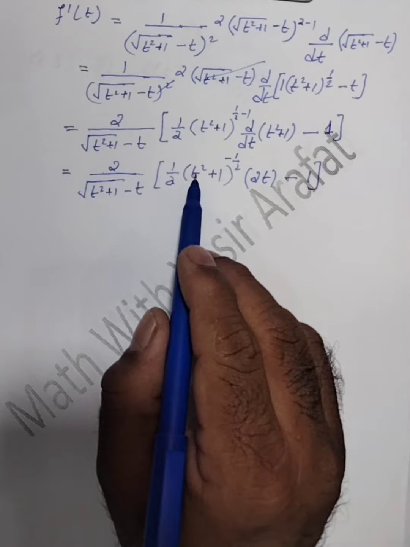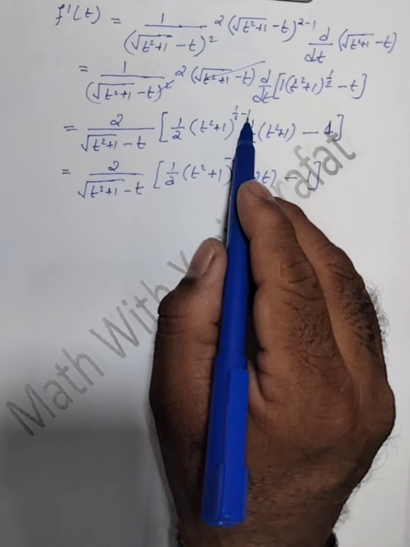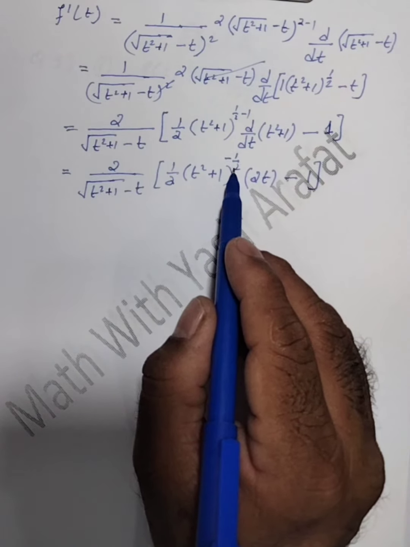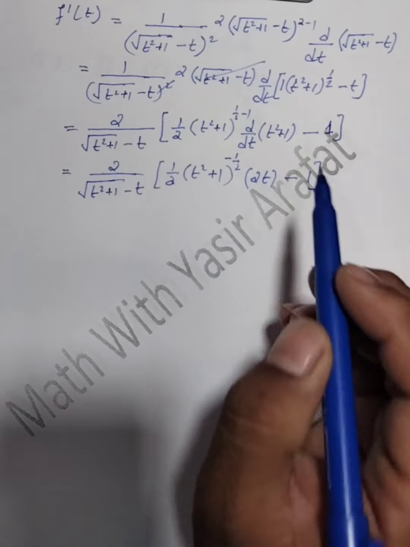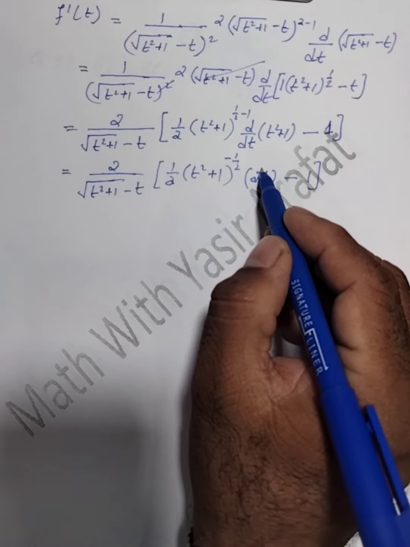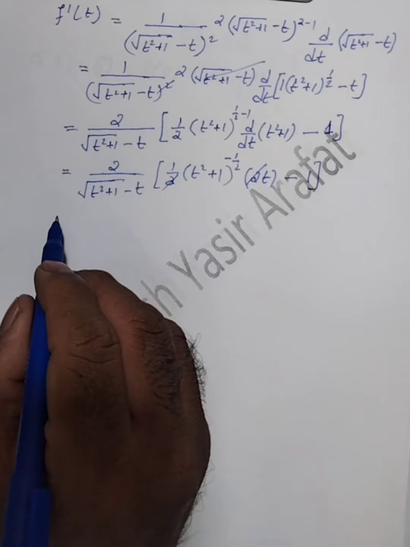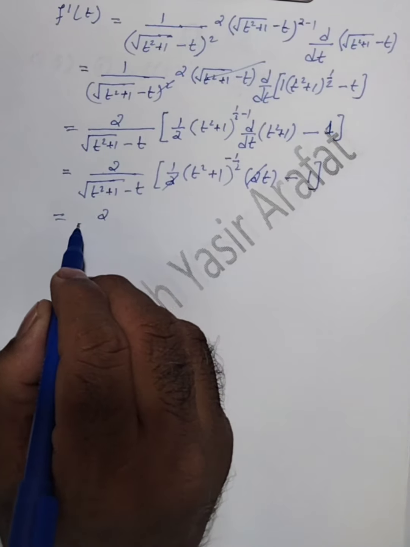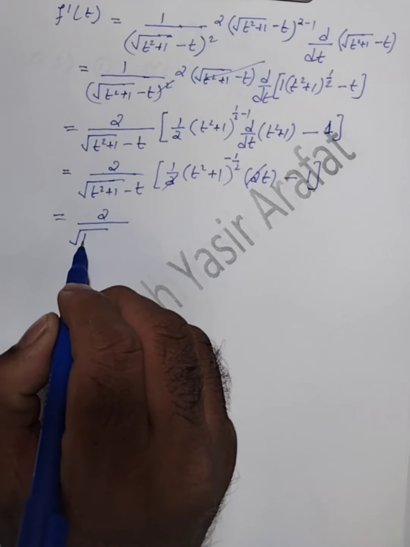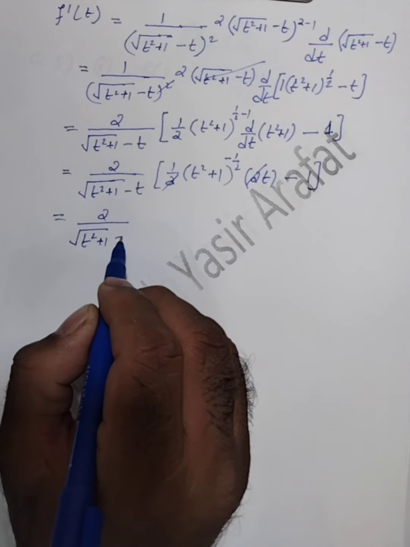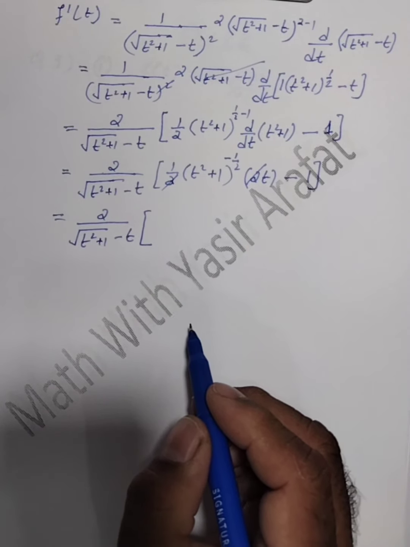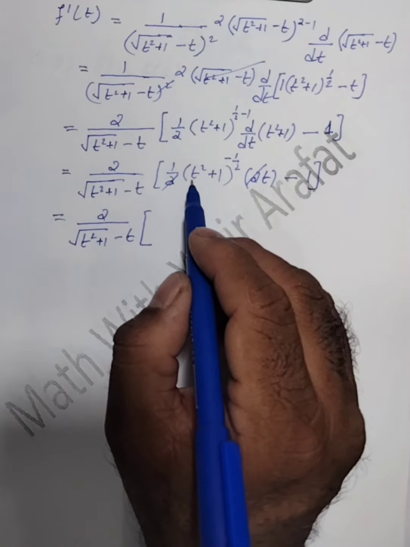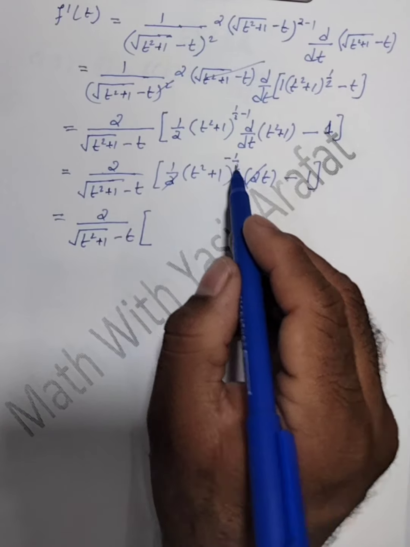Here, students, this is t square plus 1. This is half minus 1, so it will be equal to minus 1 over 2. And the derivative of t square is 2t and the derivative of 1 is 0. So this 2 will cancel out with this one. And this is the radical of t square plus 1, minus t. So this is t square plus 1 to the power minus half.